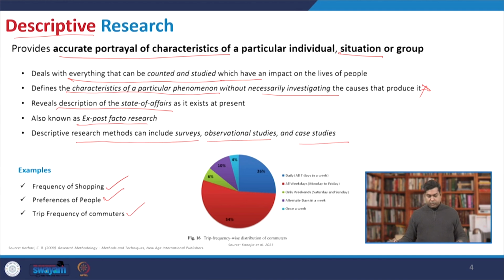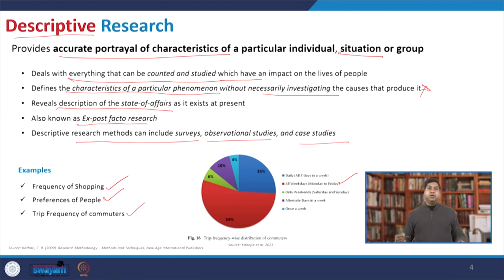Here it is shown that Monday to Friday is almost 54%. So that indicates that most of the travelers are traveling daily, and there are also some people who only travel for one day. Now in this case this is just an overall trip frequency.